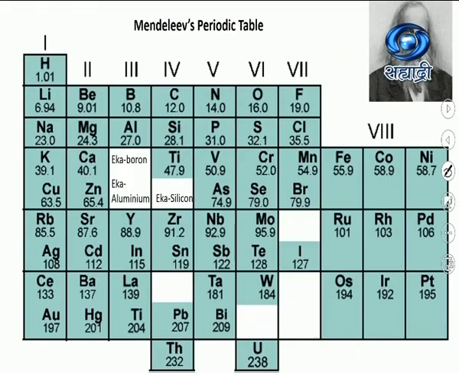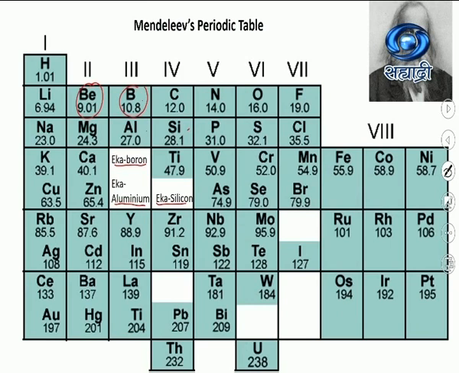As I told you, Eka boron is like boron, Eka aluminium like aluminium, Eka silicon like silicon. So those elements he predicted. Then again, we talked about beryllium: that's why beryllium is placed before boron.